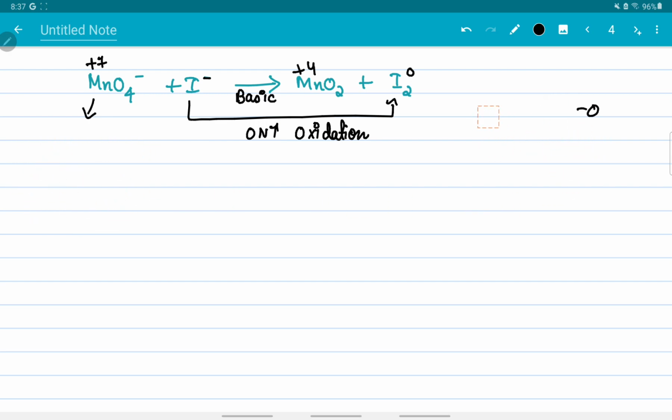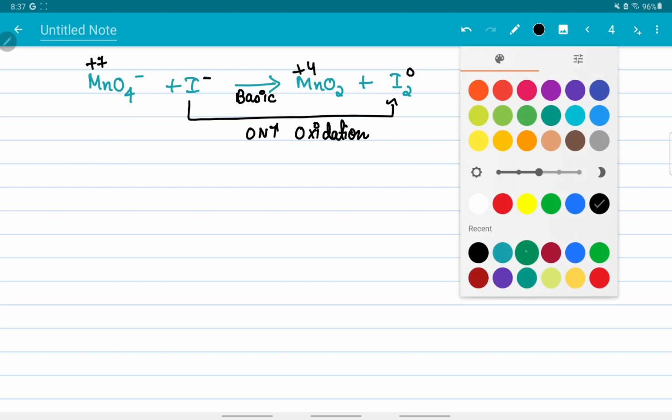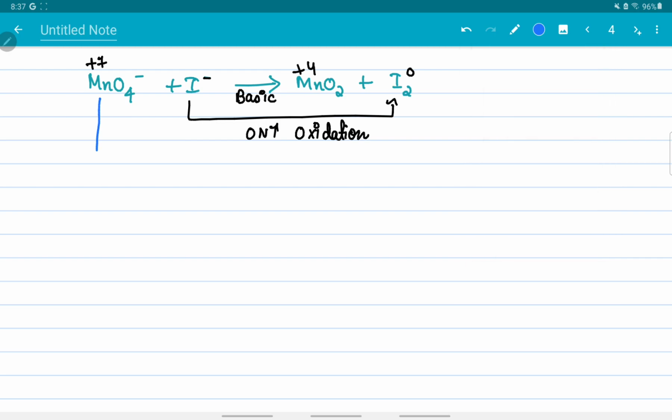Now if you see, from this Mn to this Mn, the oxidation number is going from plus 7 to plus 4. That is, the oxidation number is decreasing, and if the oxidation number is decreasing, then it means it is reduction. Okay, as simple as that. So we found our basic oxidation and reduction.